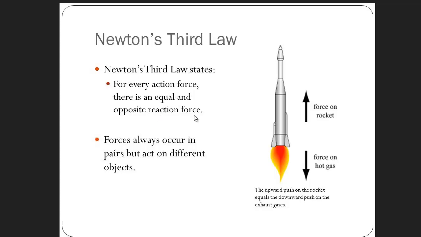Okay, I was told some time back that there is an extension to this, and I believe there is. From all my work, there is an extension, and the extension that I've come up with is for every action there's a reaction, and for every reaction there's a counter reaction.